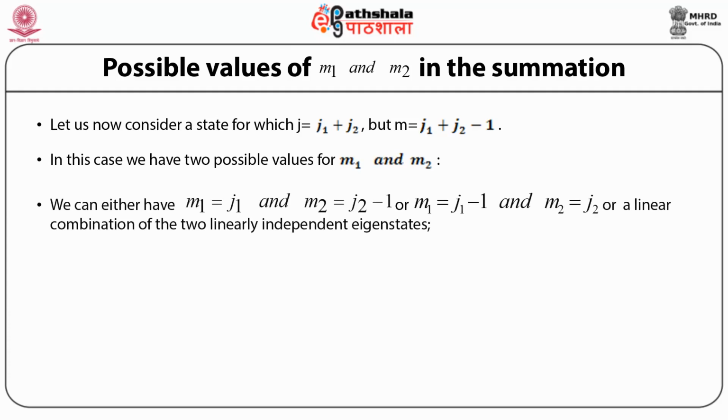We can either have M1 equals J1 and M2 equals J2 minus 1, or M1 equals J1 minus 1 and M2 equals J2, or a linear combination of the two linearly independent states, which are the direct product of ket J1 J1 with ket J2 J2 minus 1 and the direct product of ket J1 J1 minus 1 with ket J2 J2.